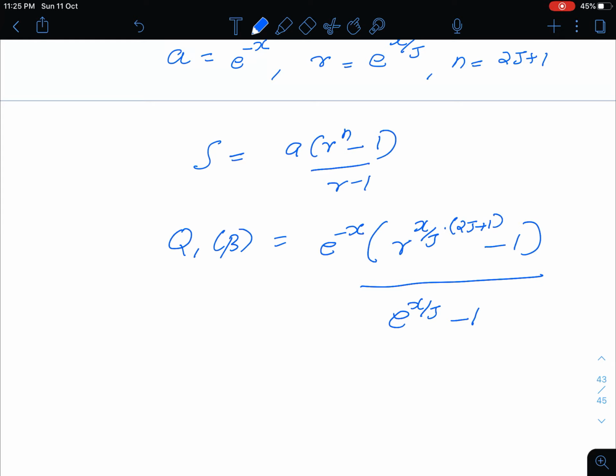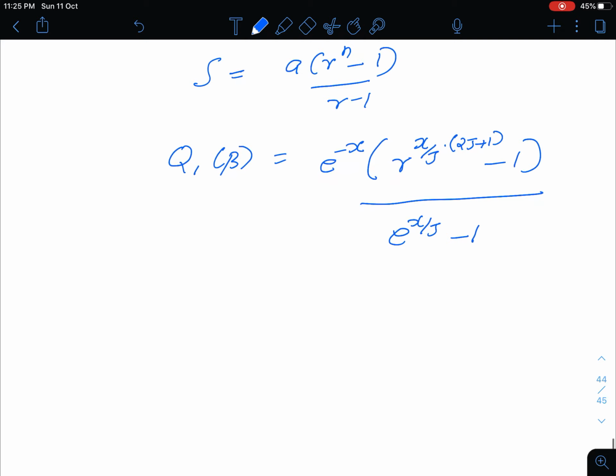Now from this, the first term in the bracket, I am taking half of it outside. So e raised to minus x, what is it? e raised to x (2j plus 1)/2j, half of it.